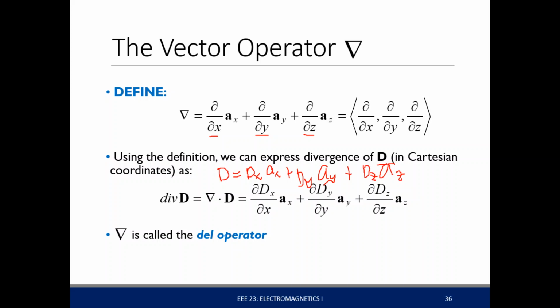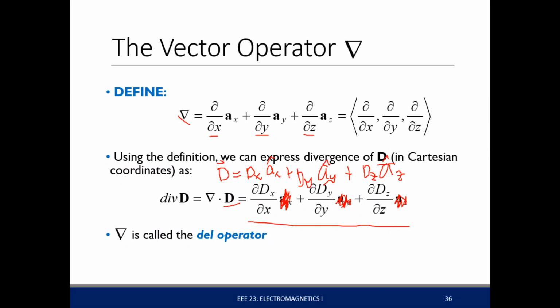Something like that. And if this D is expressed in your Cartesian coordinates, then if you get the dot product between your del operator and your vector field D, we get this expression right here. So the x components will interact with each other, there should be no direction here, the y components will interact with each other, and the z components will interact with each other.